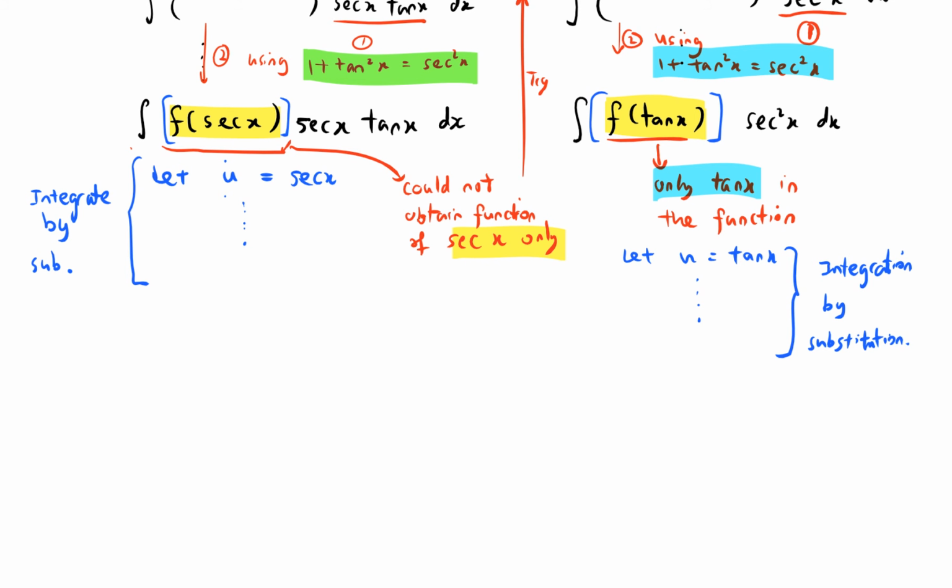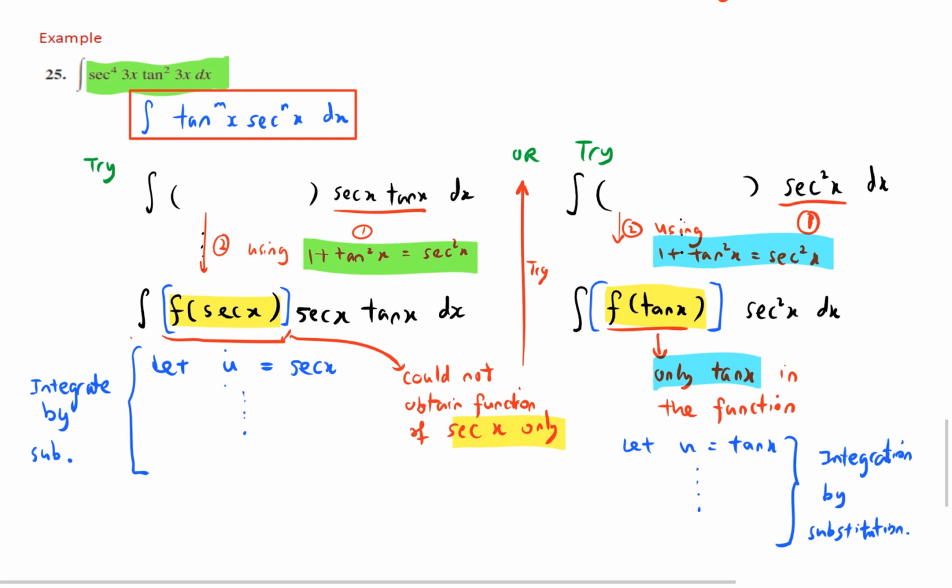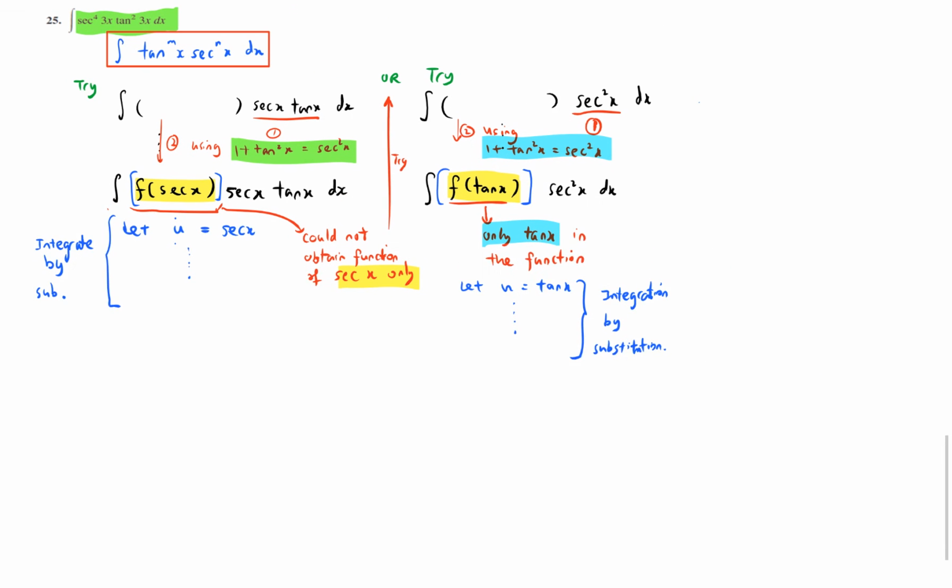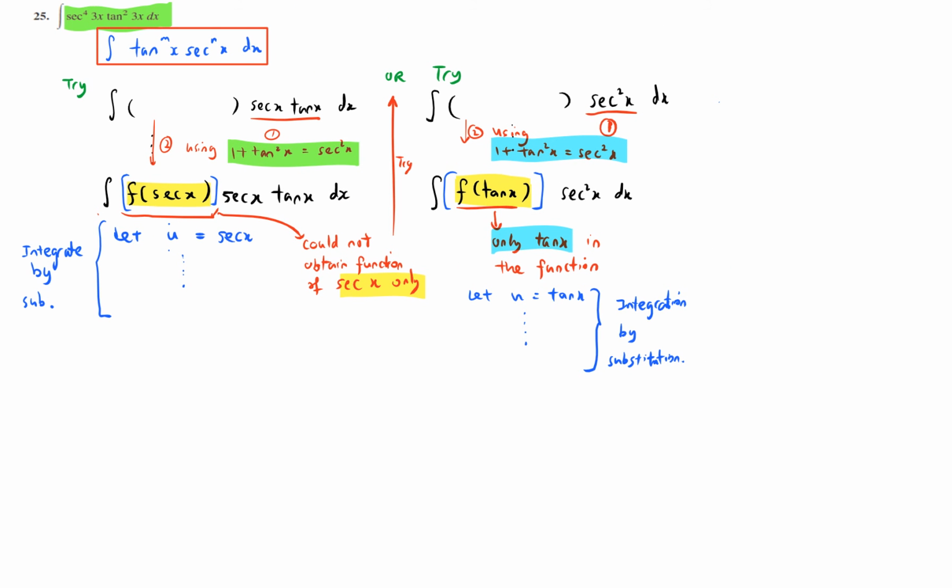Okay, so we understand. Now let's go back to the question. The question is integrate secant to the power 4 of 3x times tangent square 3x dx.